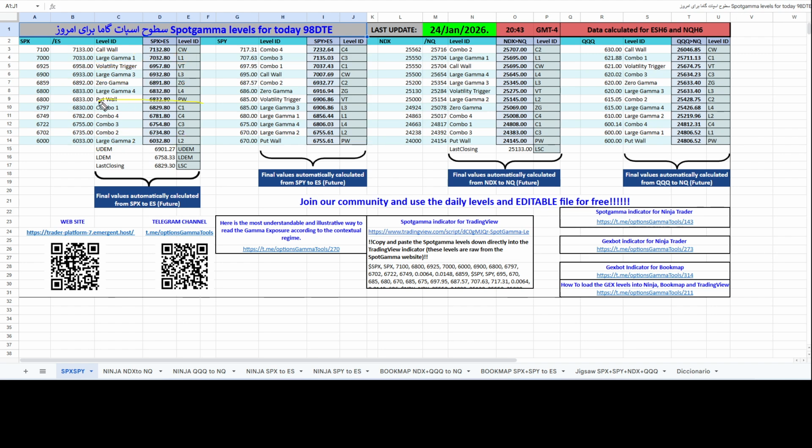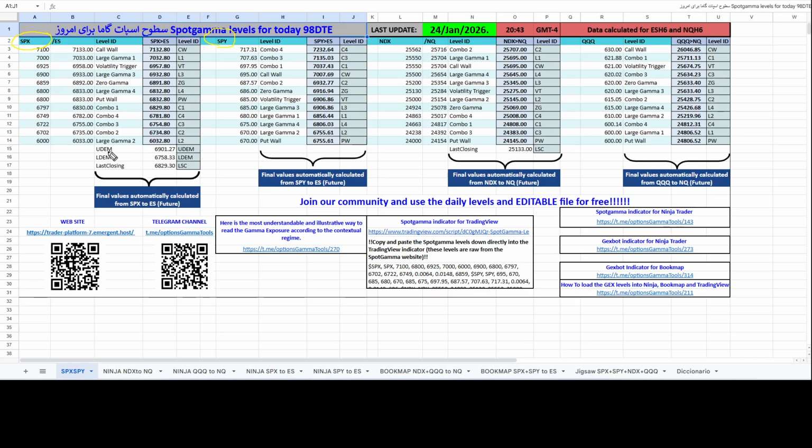And the combos have the same significance. Here, combo 1 is more important than 2, 3, and 4. Why? Because combo 1 has more gamma than 2, 3, and 4. This is the merge of some GEX exposure from SPX and SPY at the same price level.